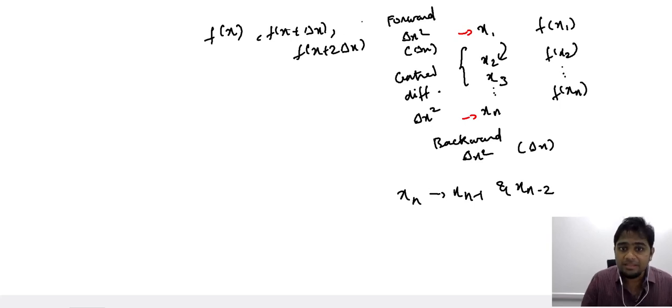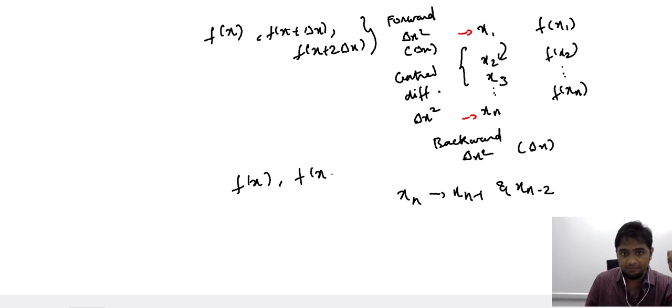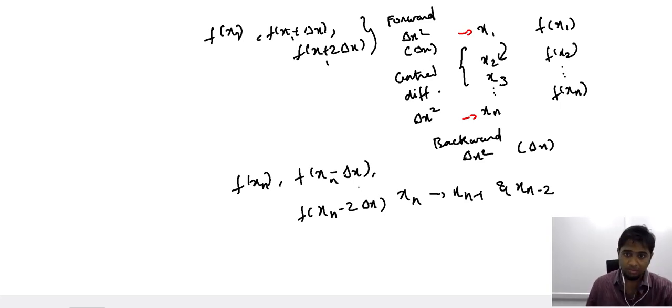By including another point, instead of just considering f of x and f of x plus delta x, we were able to improve the accuracy of our approximation by an order. In the same way, if we consider the last point, instead of considering just f of x, we include f of x minus delta x. So this would be f of x1, and this would be f of xn, and f of x minus 2 delta x. By considering an additional point, we were also able to improve the accuracy associated with the backward difference approximation.